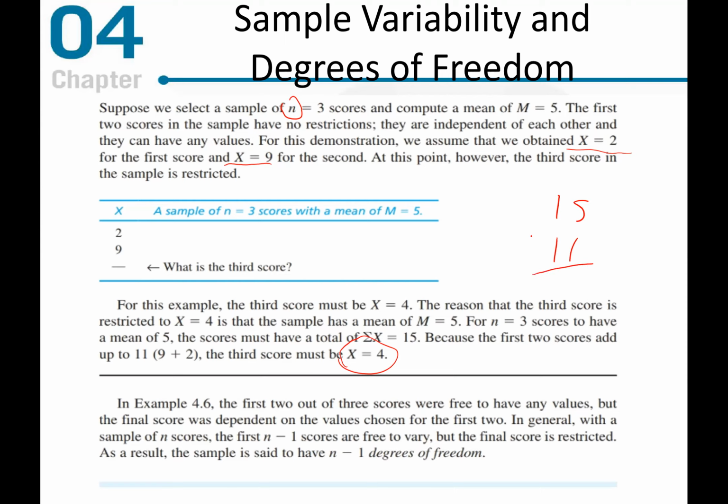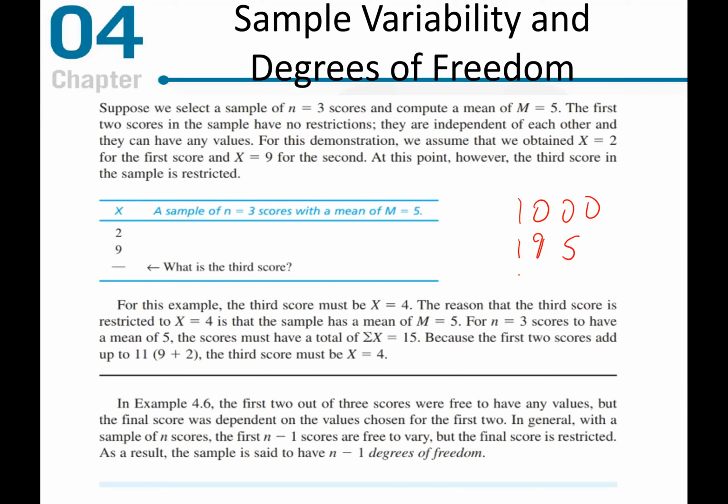Well, that means that the third score's only possibility is going to be 4. All right. So that last score lacks the variability that the first two scores had. These first two scores, in order to get to 15, these first two scores could have been anything. We could have had a 1,000 over here, and then we could have had, what, 195.